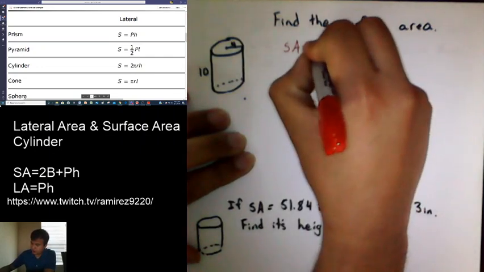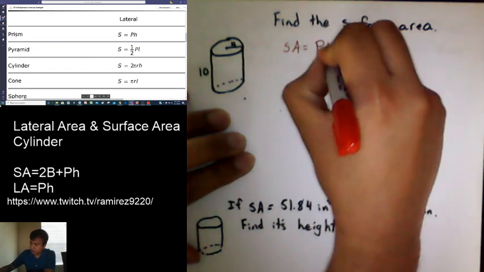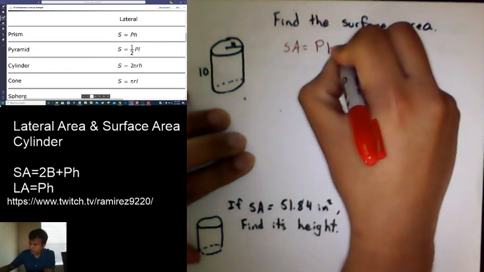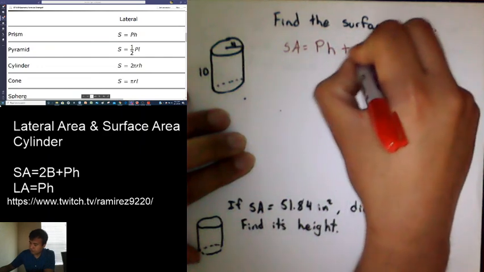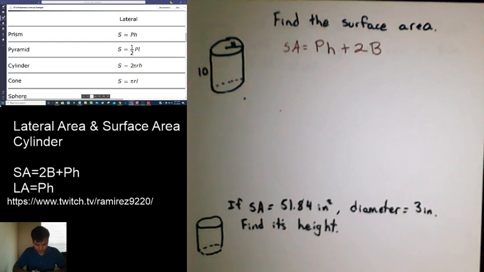It's going to be still like our prism, perimeter times height plus 2B. It really doesn't change.